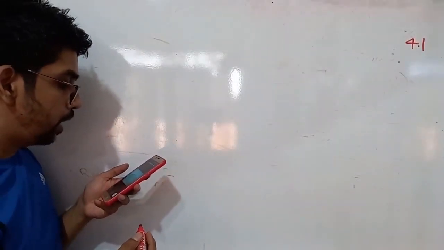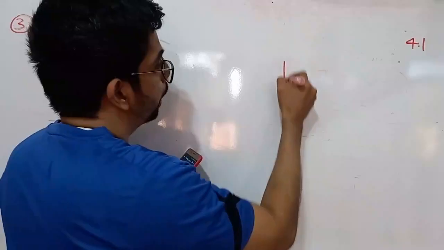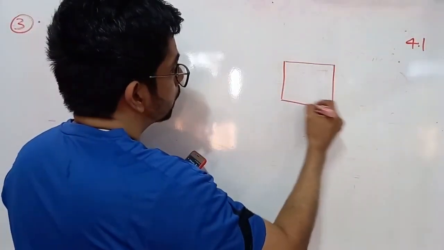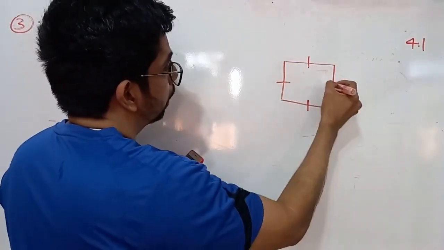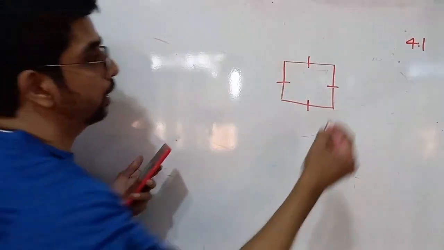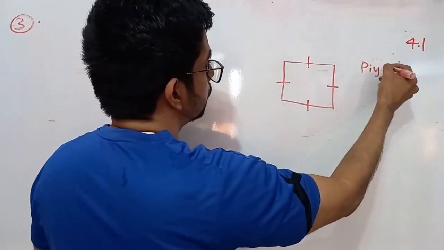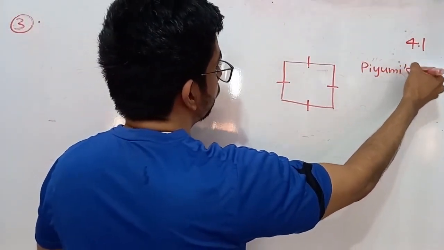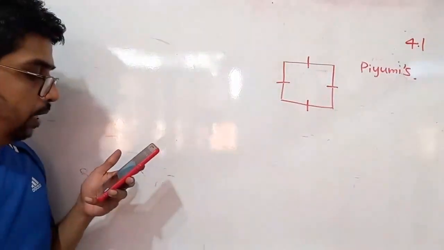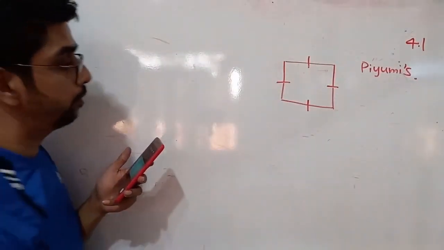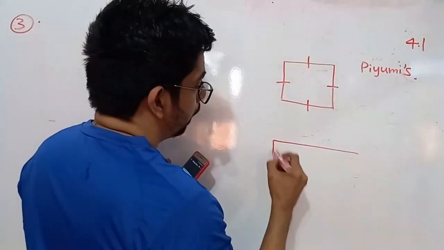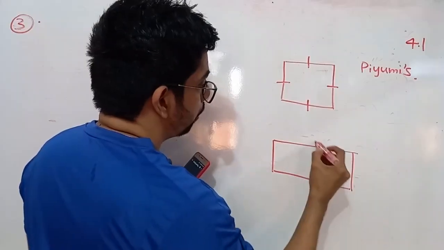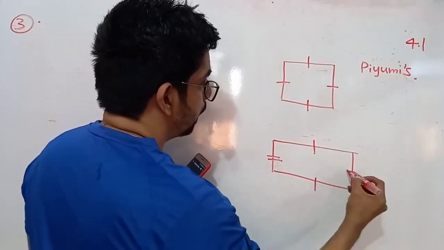Pumi made a square shaped flower bed. So this is Pumi's flower bed. Her sister made a rectangular flower bed. So opposite sides are equal in length.